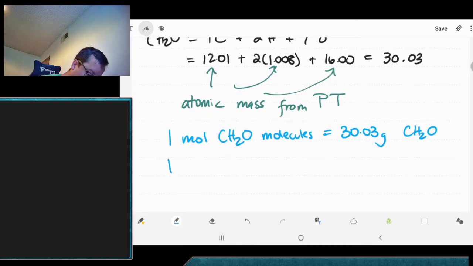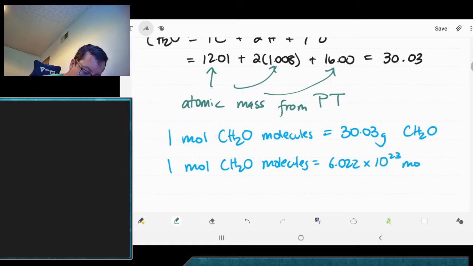So we know that 1 mole of formaldehyde molecules is 6.022 times 10 to the 23rd molecules.